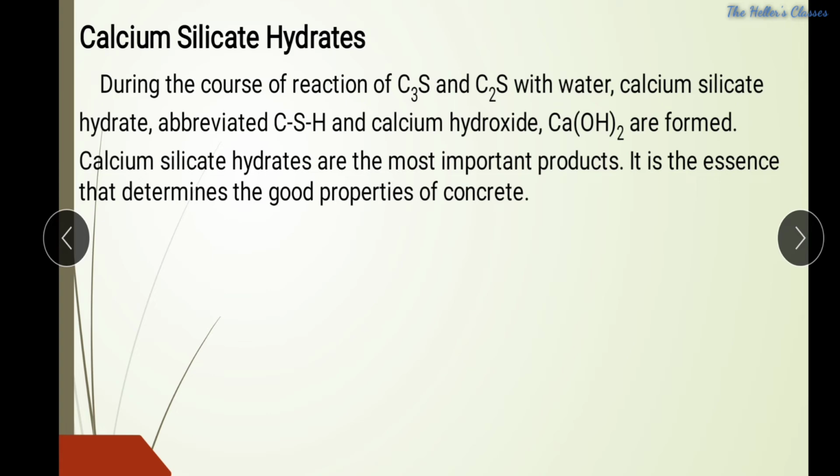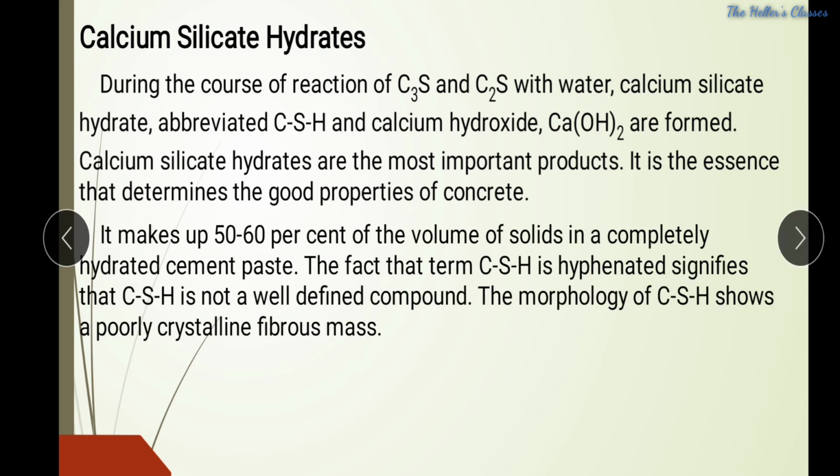Tricalcium and dicalcium silicates form CSH gel, calcium silicate hydrate gel, which is most responsible for the strengthening and bonding of concrete, and calcium hydroxide is also formed. It makes up 50 to 60% of the volume of solids in a completely hydrated cement paste.